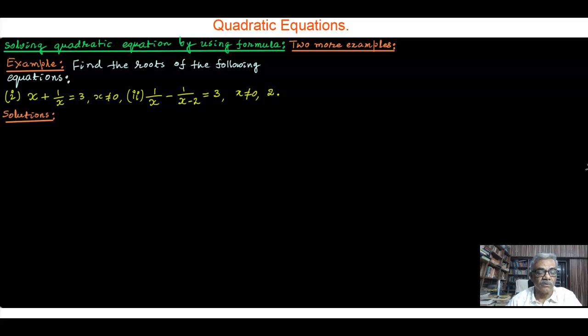Now the solution for example 1, that is x plus 1 by x equal to 3 and x is not equal to 0. Let me call this equation 1.